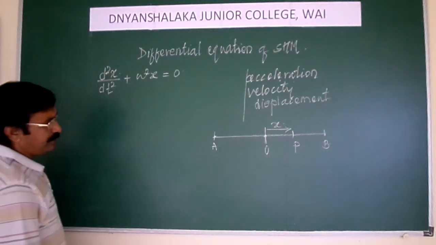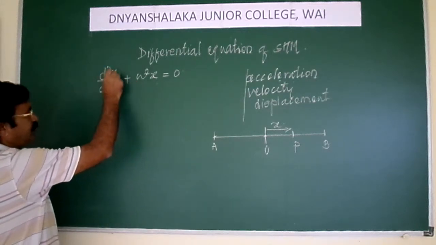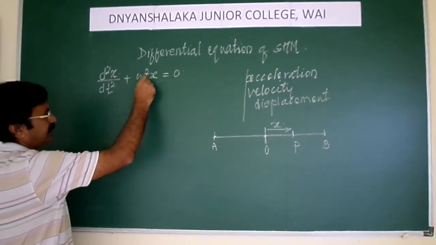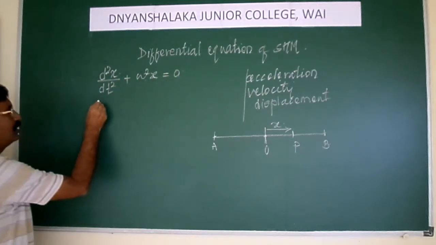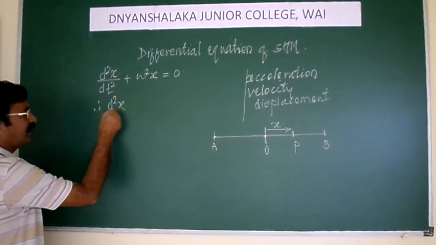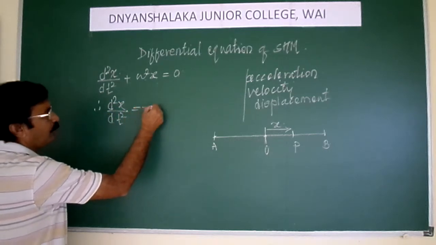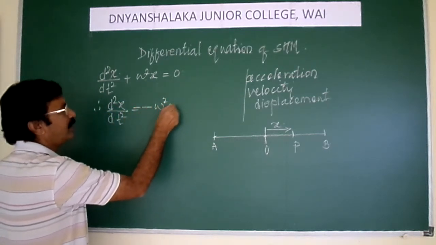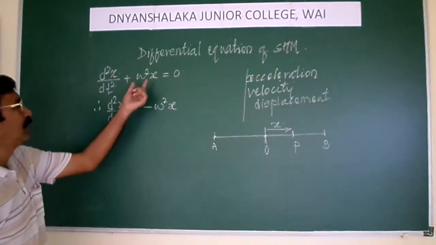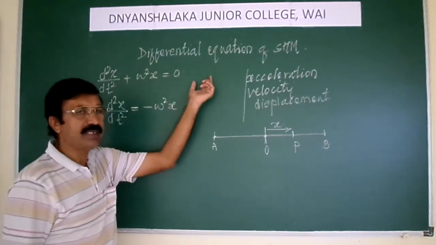For the given time t, the differential equation is d2x upon dt2 plus omega square x is equal to 0. Therefore, we can write this as d2x upon dt2 is equal to minus omega square x. The term omega square x on the left hand side, we have taken to the right hand side.